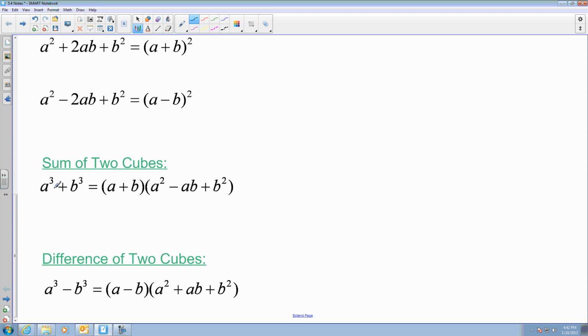So if we had a cubed plus b cubed, this equals a plus b times the quantity a squared minus ab plus b squared. And the difference of two cubes, a cubed minus b cubed, equals a minus b times the quantity a squared plus ab plus b squared.